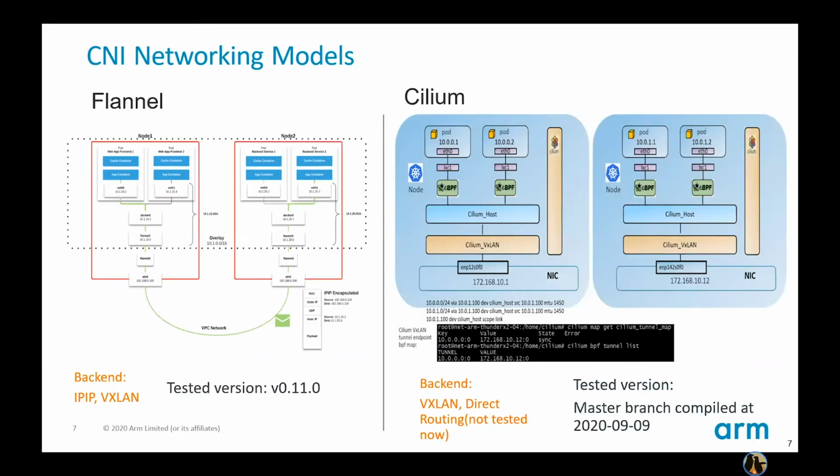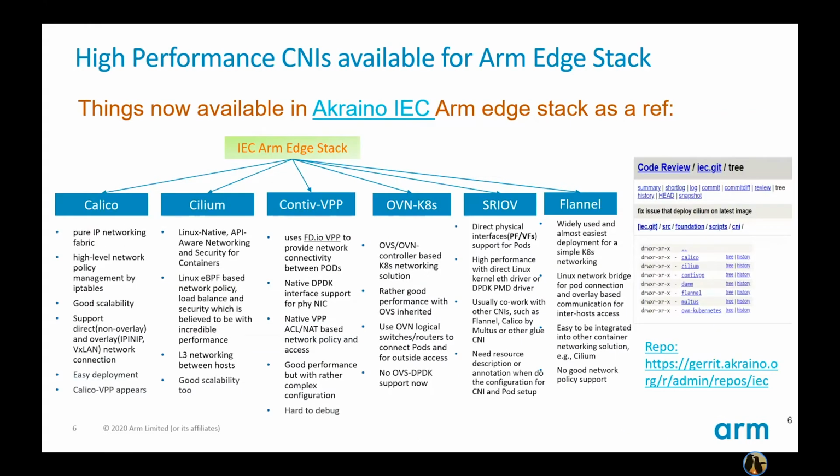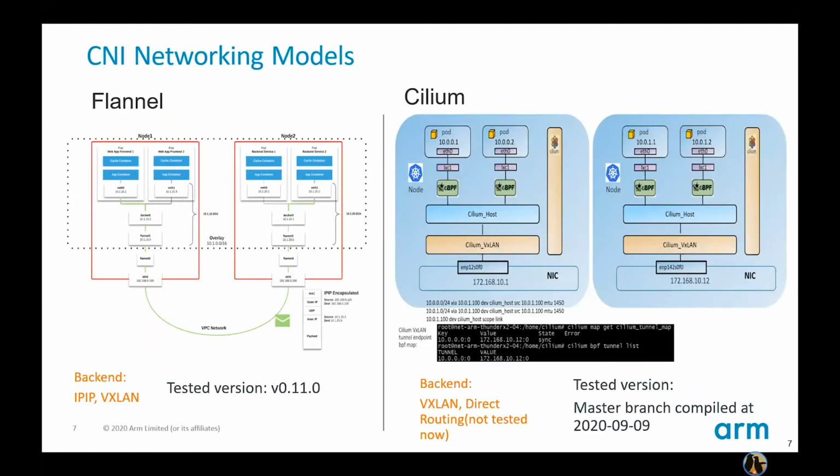Here we just talk about three CNIs in this slide. The first one is Flannel. Flannel uses an overlay solution for pod-to-pod communication across hosts. Here is the architecture for Flannel, which uses IP and VXLAN as the backend. The second one is Cilium. Cilium uses almost the same overlay-based solution for cross-host communication.